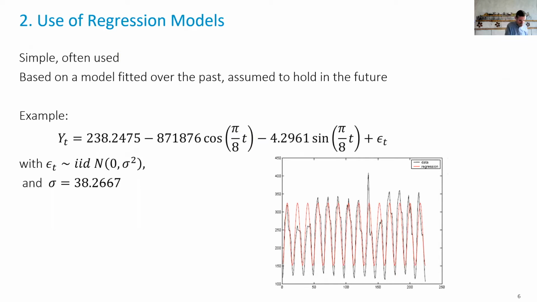Here's an example showing by this curve. This is data from a US operator about the amount of traffic on a communication link. And this operator wants to resell some of the capacity at different prices also, so needs to know what is likely to occur in the coming hours or days.